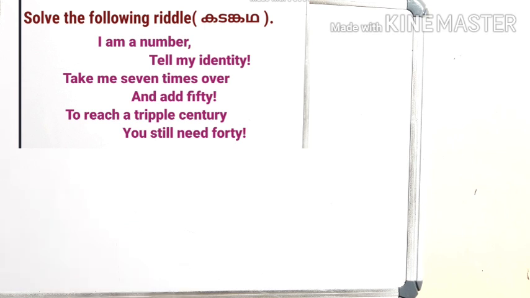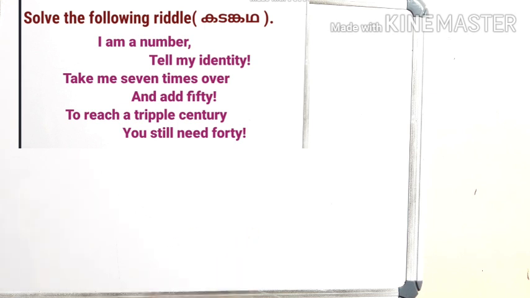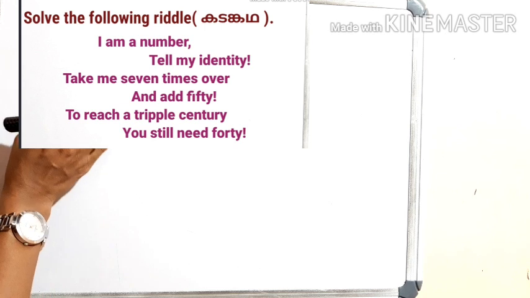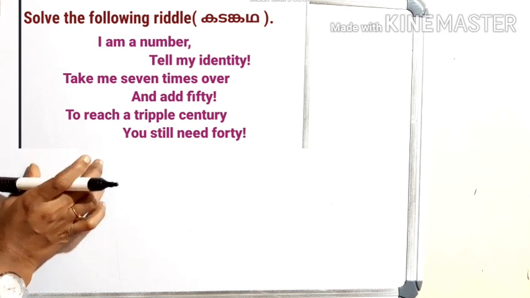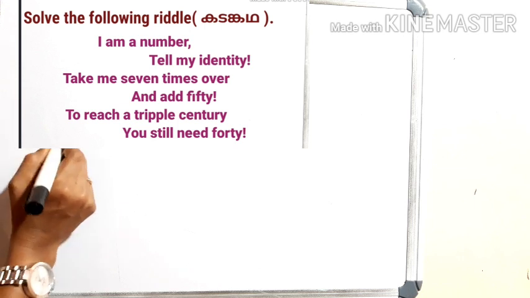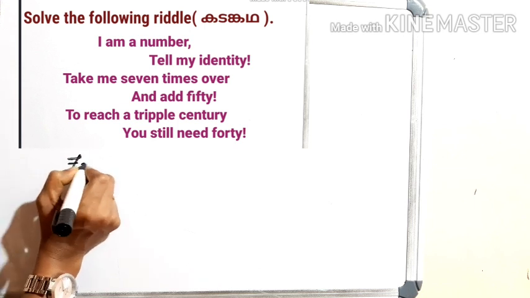I'm a number. Tell my identity. Take me 7 times over and add a 50. To reach a triple century, you still need 40. Here, suppose the unknown number is x. If it is x, then take me 7 times over. That means 7x.